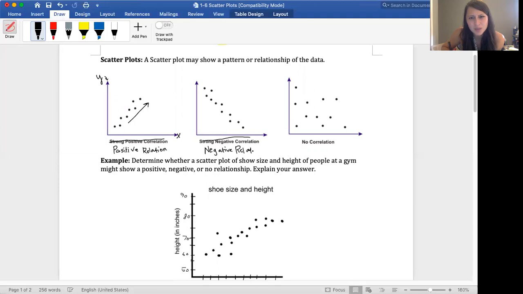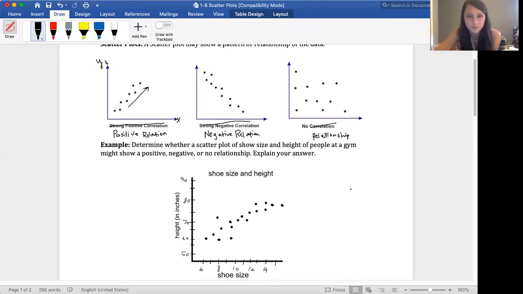And if there are just plots scattered throughout and there's no pattern whatsoever, this would be no relationship. Correlation is another word we can use for relationship, like is there any connection? But in this class, we'll refer to it more as relation, okay?